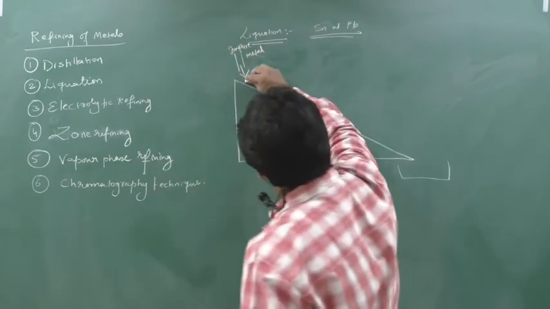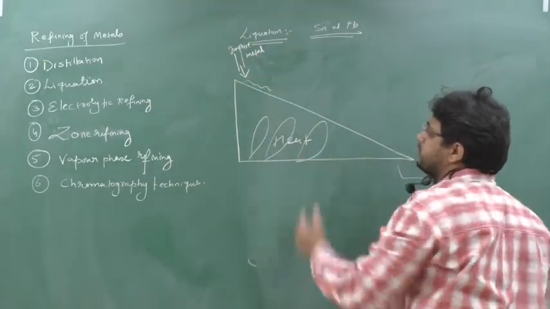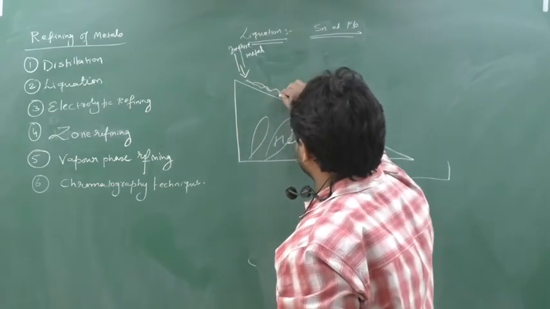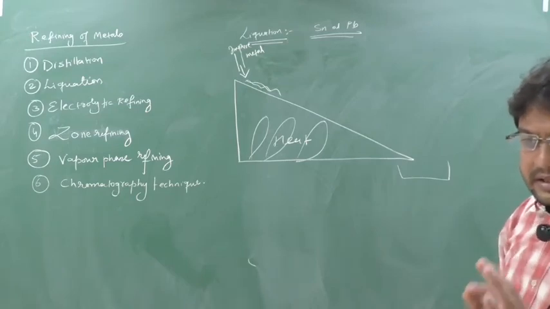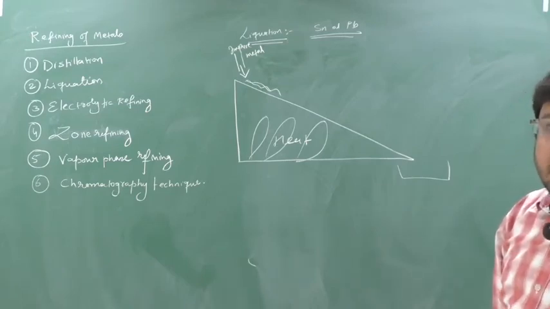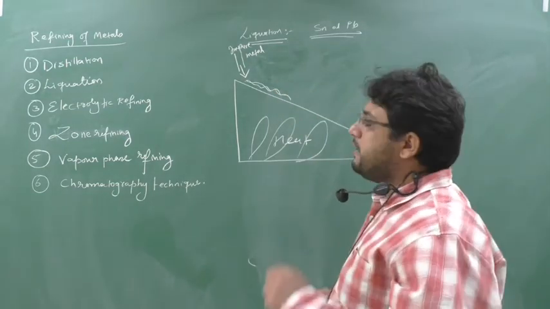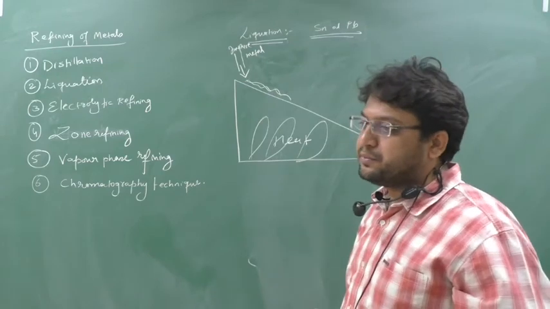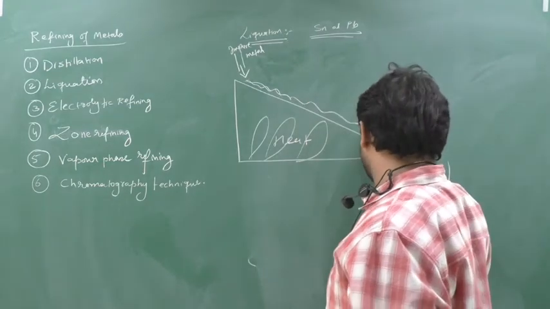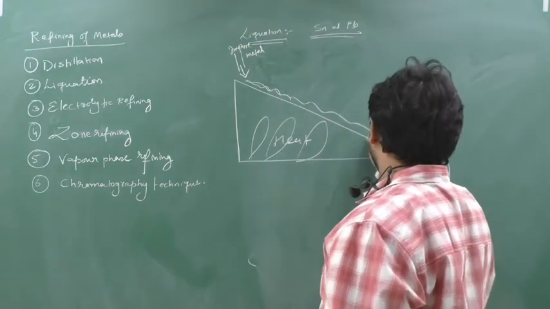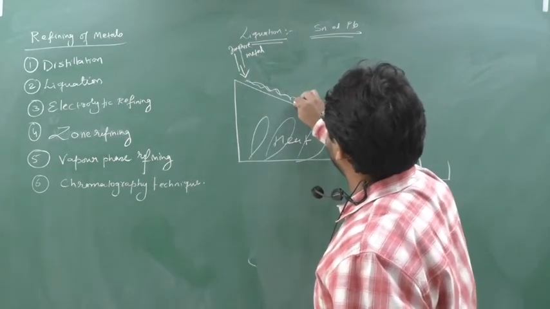As the metal advances further, the impure metal reaches the very hot sheet. The principle involved is the same: the metal has a low melting point as compared to the impurity. So the low melting point metal starts to melt, and liquid metal will fall here. The impurities have a high melting point, so they will not melt and will be left behind.